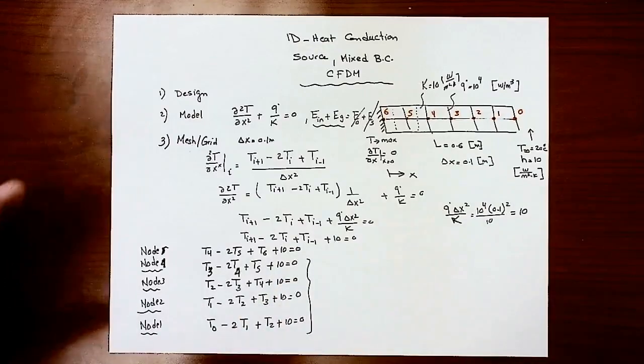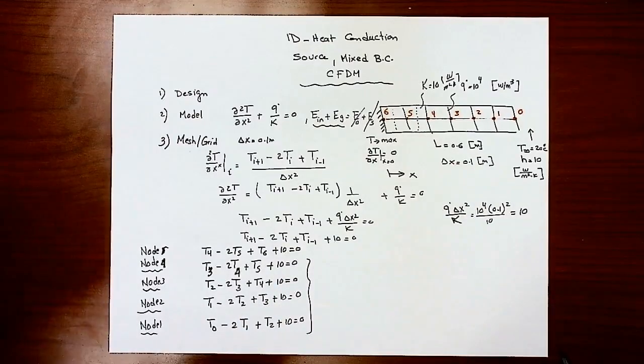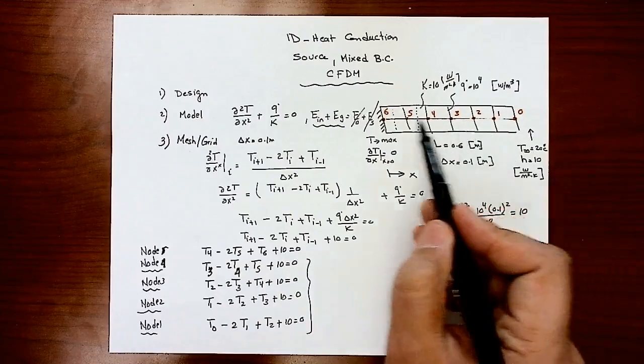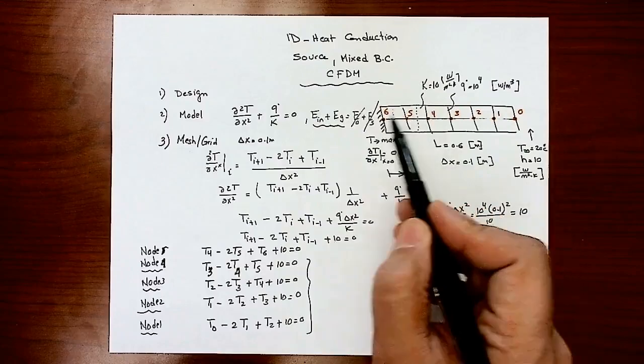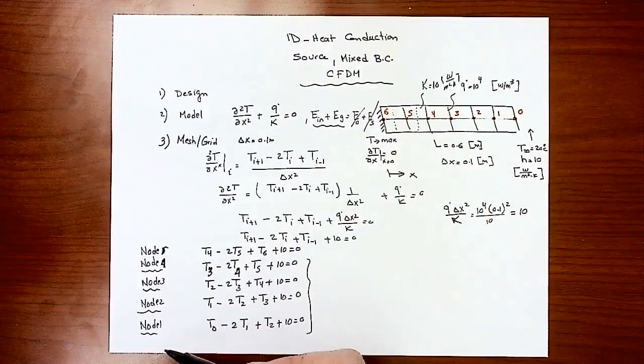But now I have an additional unknown, which means that I need to apply the discretized equation for node number 6 and node number 0. So I end up having 7 nodes, 1, 2, 3, 4, 5, 6, 7 nodes. I now have 5 equations.